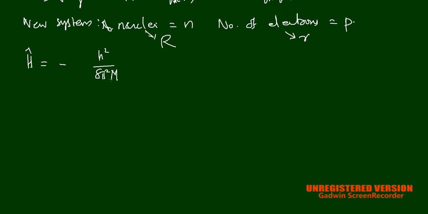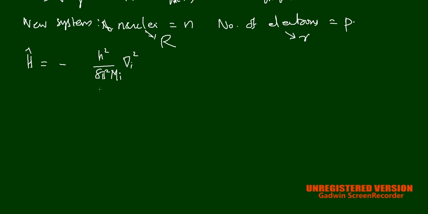Here M is the mass of the nucleus. Which nucleus? We have n nuclei, and I am specifically talking about the ith nucleus, so that is why I give Mi. So Mi is the mass of the ith nucleus. Then del i square is the Laplacian operator for the ith nucleus. So that is the kinetic energy operator for the ith nucleus.